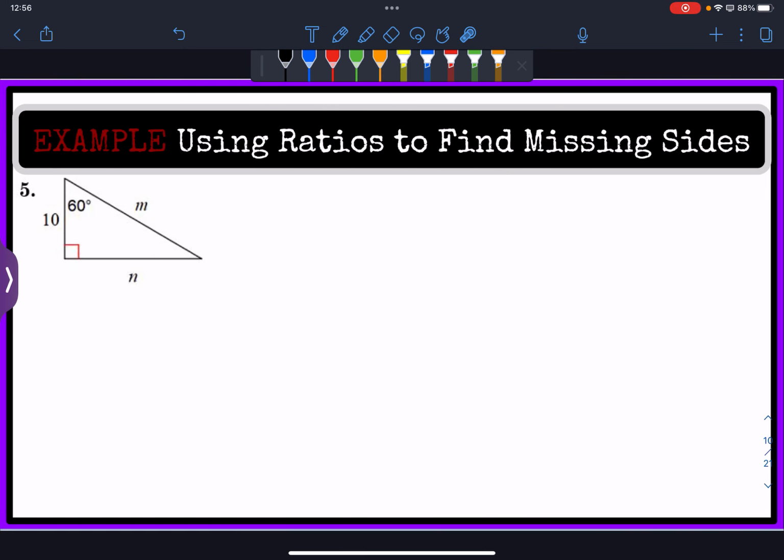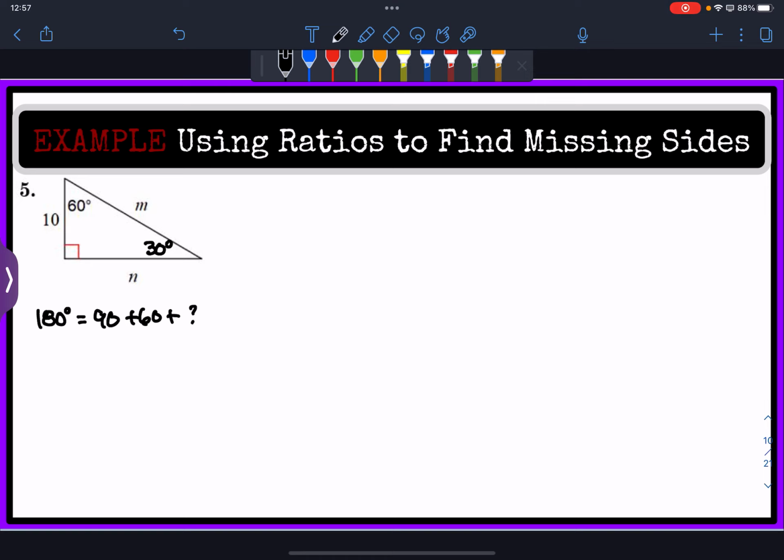Let's look at this example right here. Now we have a 60 and a 90, so that automatically by default makes this a 30-degree angle right there. Now remember, the inside angles of a triangle have to add up to 180. Since this is 90, the square right here, plus this 60-degree angle, plus this unknown, which I kind of told you already is 30, has to add up to 180.